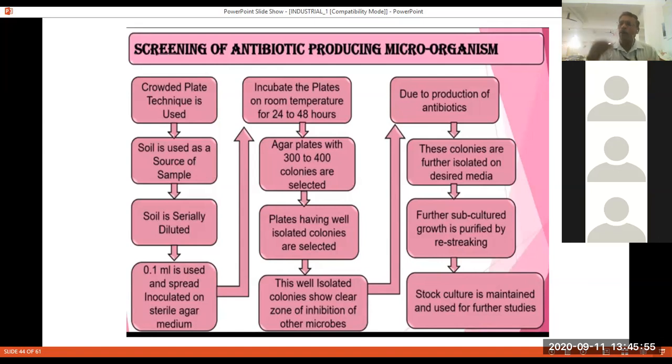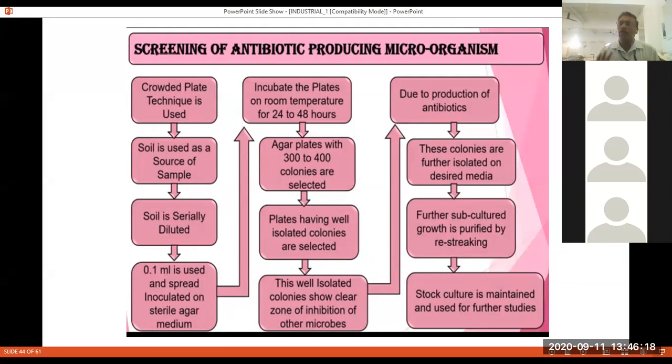Now that 0.1 ml of sample you have to take onto the surface of a nutrient agar plate that is already sterile. Spread it and then incubate it at room temperature for 24 to 48 hours.